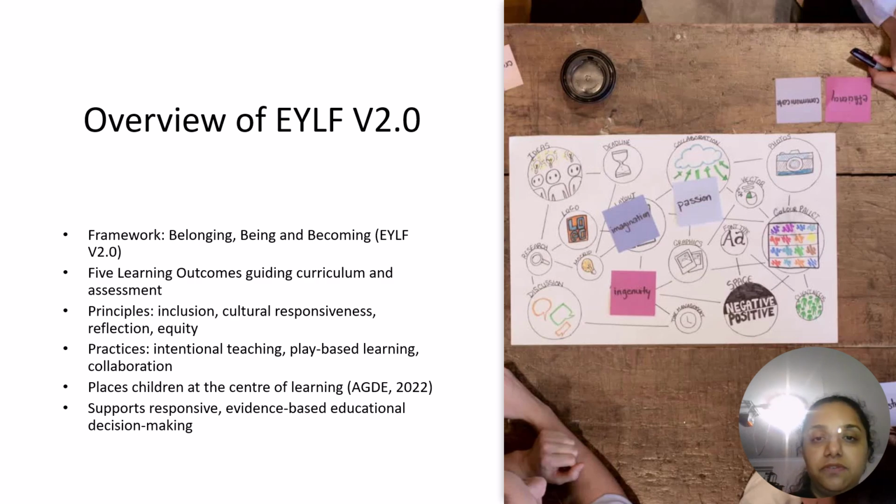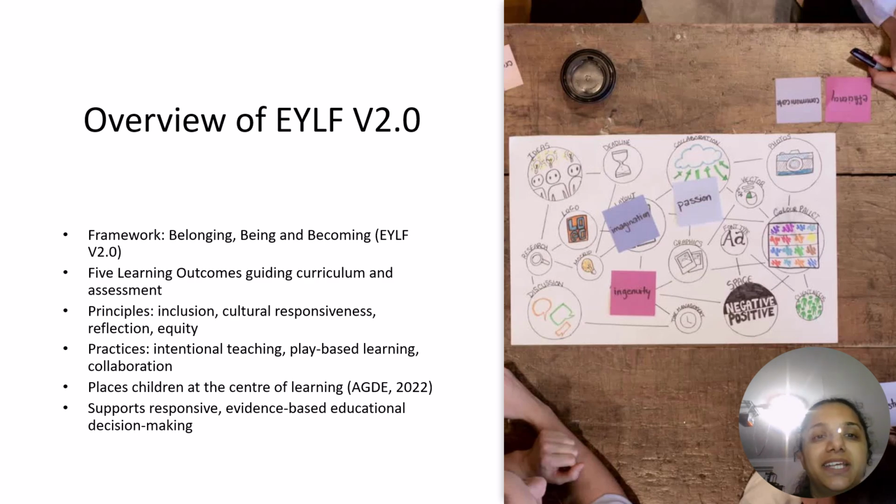The EYLF encourages holistic and play based learning, cultural responsiveness, equity, and relational pedagogies. Understanding and embedding these components ensures that our educational programs are not only developmentally appropriate but also socially just and inclusive for all learners. It supports responsive and evidence-based educational decision making.